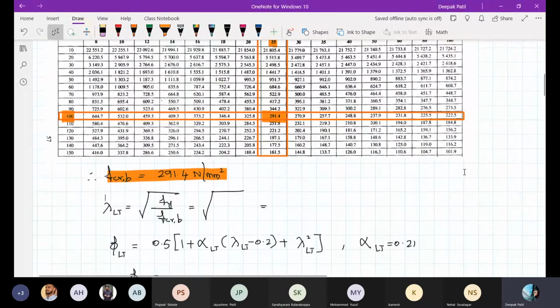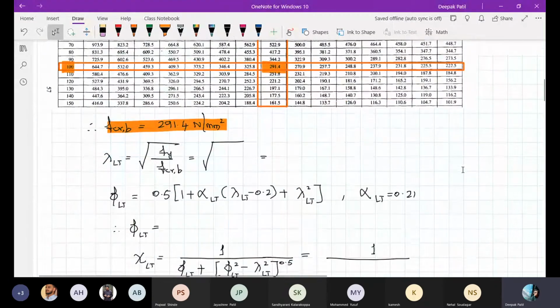Now, based on this, I can easily calculate. There is a relationship between lambda LT, which we used to calculate earlier, and FCR,B. This is the relation which you can find in IS 800 2007. So lambda LT is equal to under the root fy, that is the yield stress of the material, divided by FCR,B.